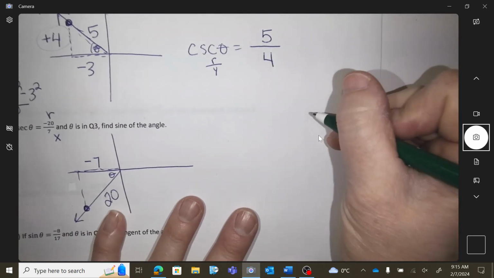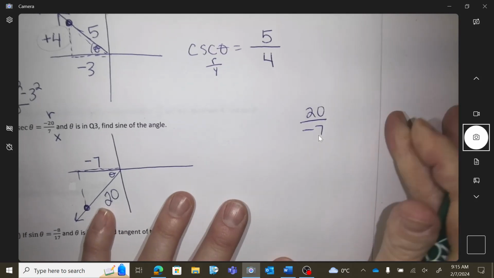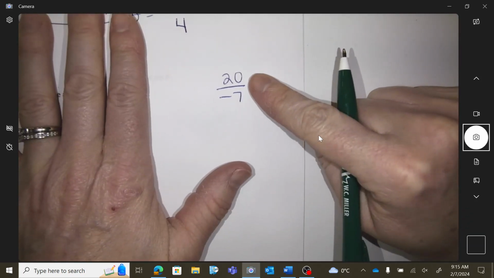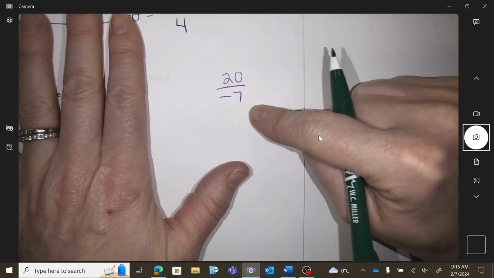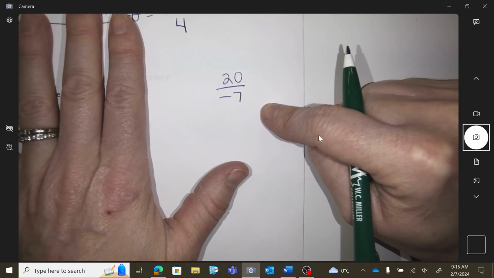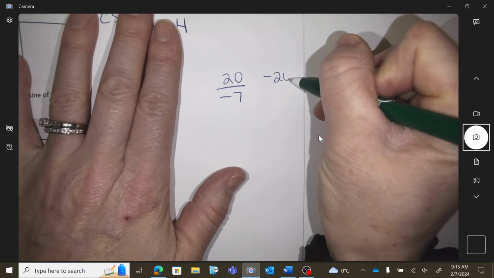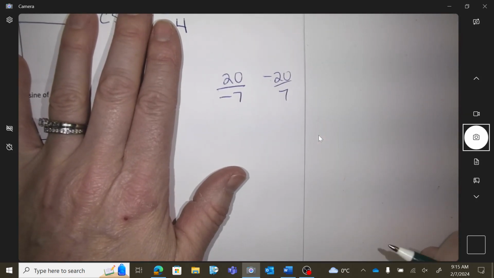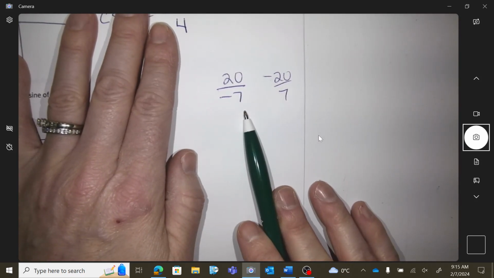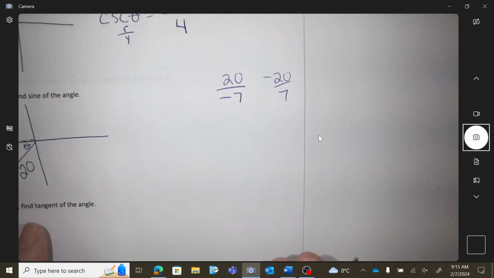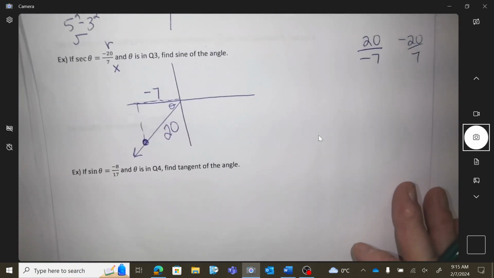So here's the deal. This is what it would have been, r over x, but we don't write numbers like that. You'll never see a fraction written like that. You would just see that. That's what it's just doing, because we don't write numbers with negative denominators. That's why. Okay? So know your locations.